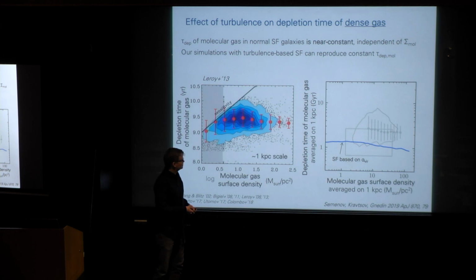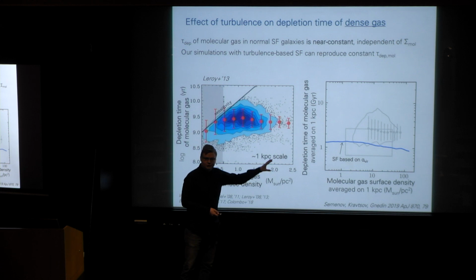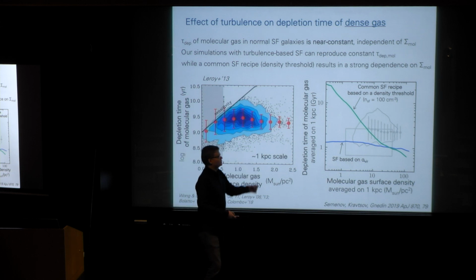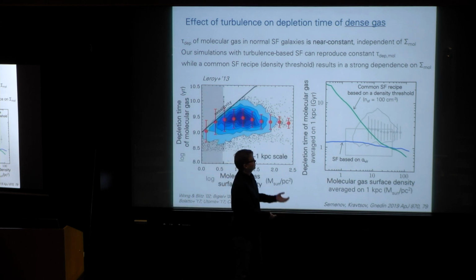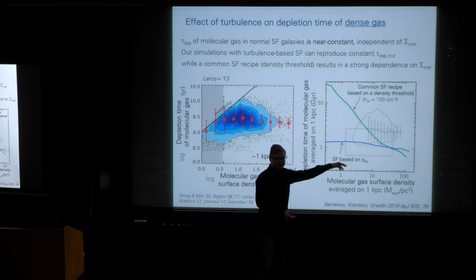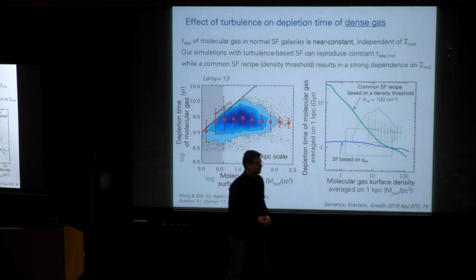But the thing which is interesting is that if we run exactly the same simulation, only changing the way how stars are forming, so if we use just a common prescription based on a density threshold and fixed efficiency, we get a much steeper relation, which is inconsistent with observations.